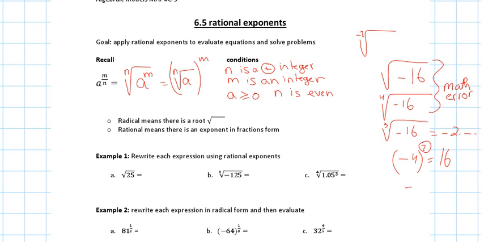Negative 2 to the power of 4 gives me positive 16. As long as you have an even exponent, your answer is always positive. That's why the opposite operation doesn't work on negative answers. The square root or the fourth root of a negative number doesn't exist. So a has to be positive if you're taking the even root.